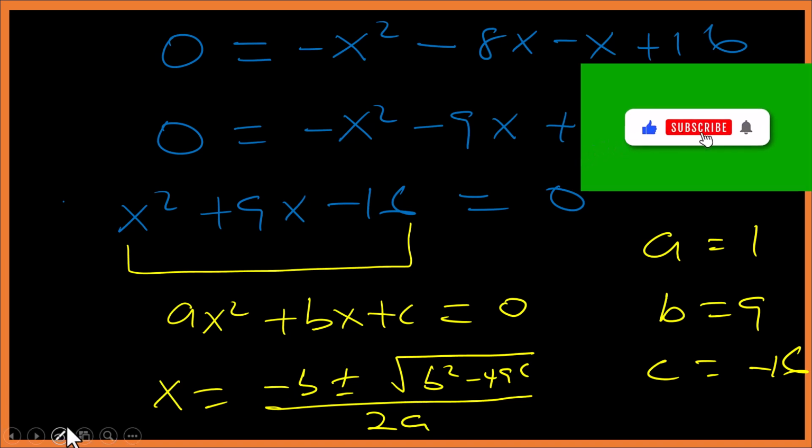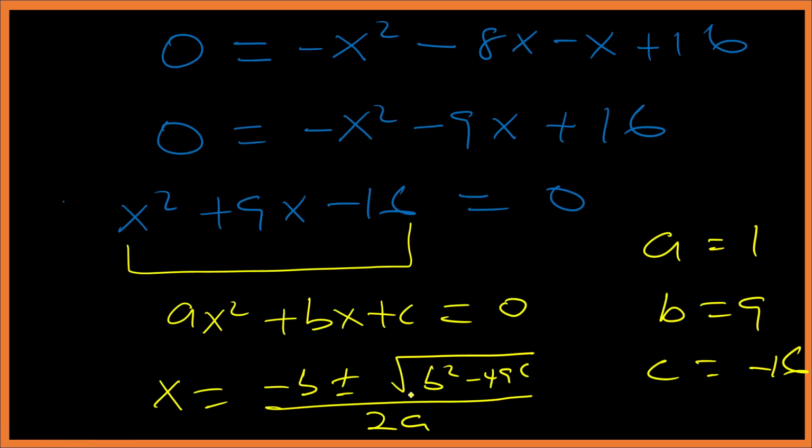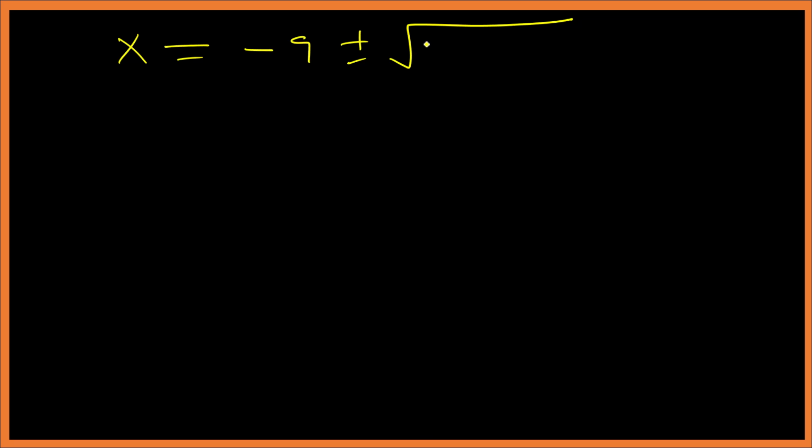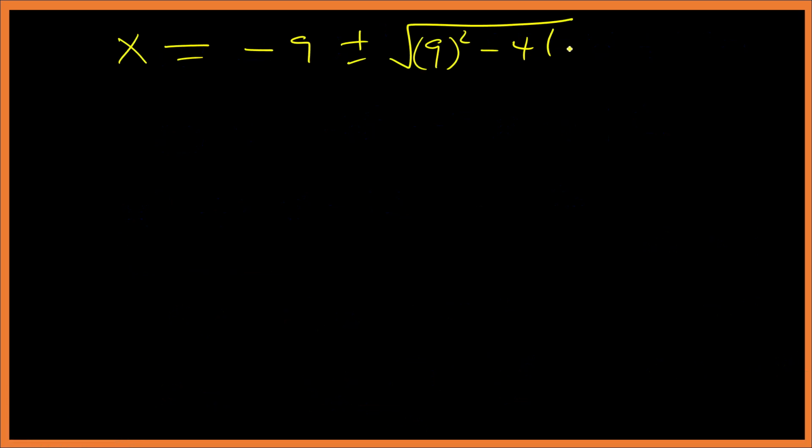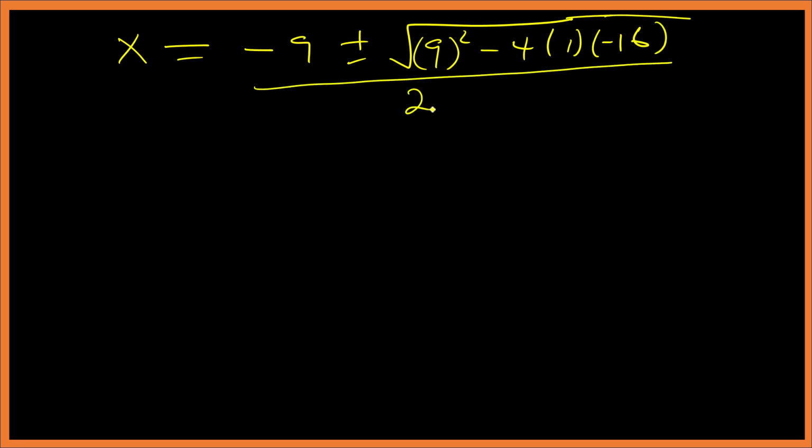So we have x equals minus b, that is 9, plus or minus b squared, that is 9 squared, minus 4 times a is 1, c is minus 16, on 2 times 1.